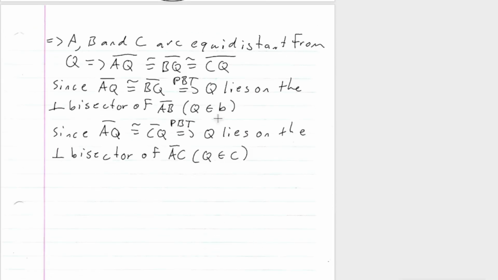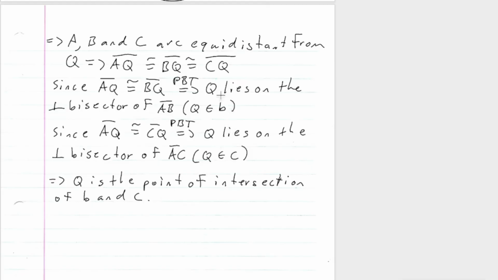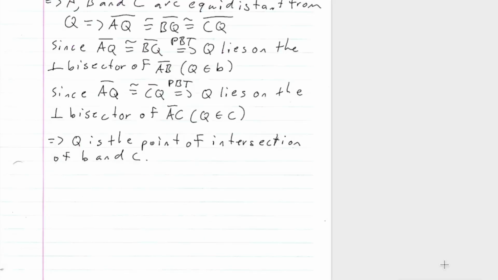So since Q is an element of B and Q is an element of C, this implies that Q is the point of intersection of line B and line C, right? These perpendicular bisectors. And since B is not parallel to C, right?